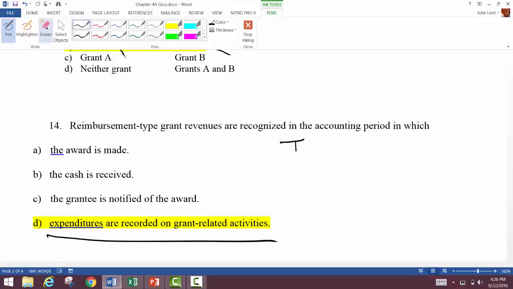Good. I keep wanting to say taxes receivable. So I'm going to debit what? Grant receivable? Grant receivable for what was it? 150,000? And credit what? Well, have I met eligibility?